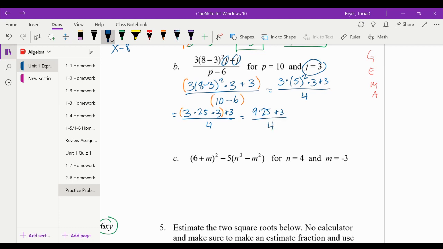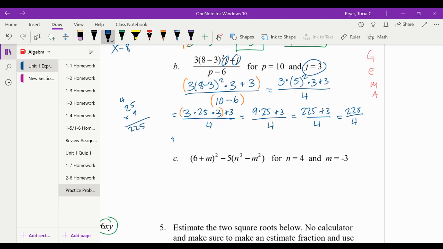So 9 times 25 would be, 9 times 5 is 45, 9 times 2 is 18, plus 4 is 22, so 225, plus 3, divided by 4. And finally add those together, 228 divided by 4, and then I'd actually have to divide it.